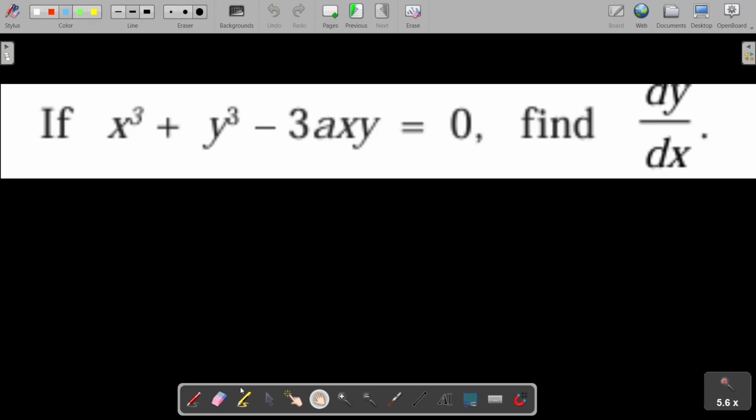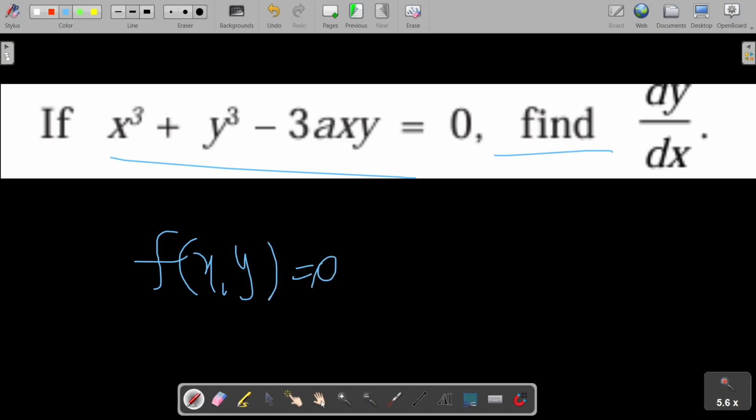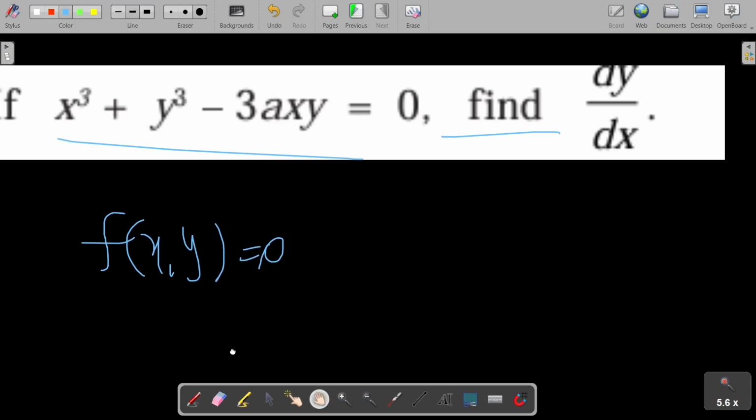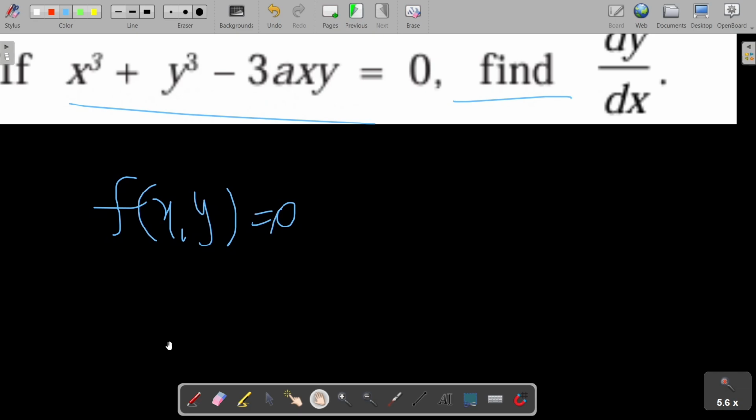So let's do the last problem for this video. This is a problem for f of x comma y is equal to 0. We have two variables. Let's differentiate this with respect to x.